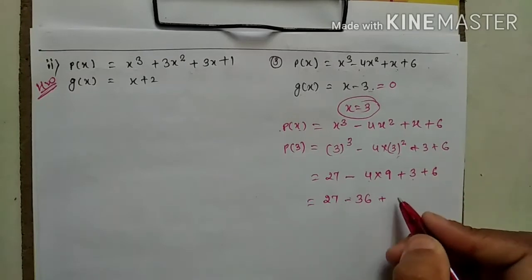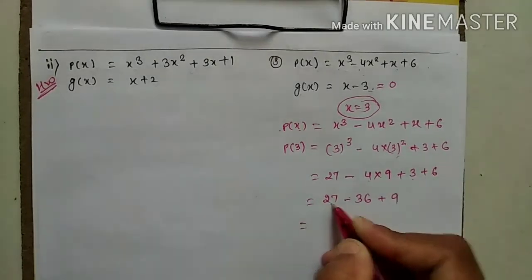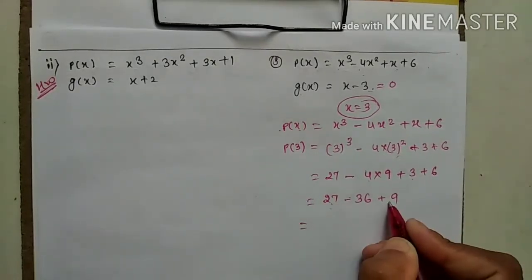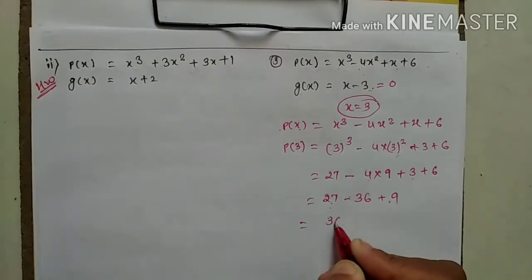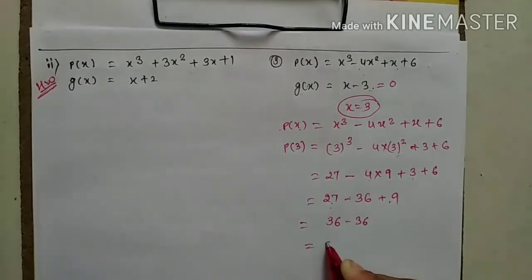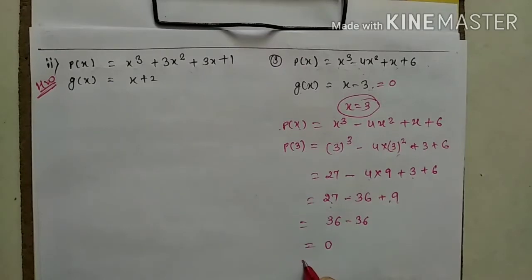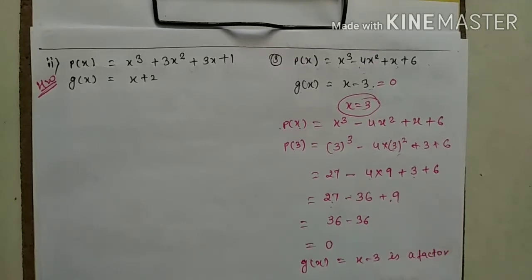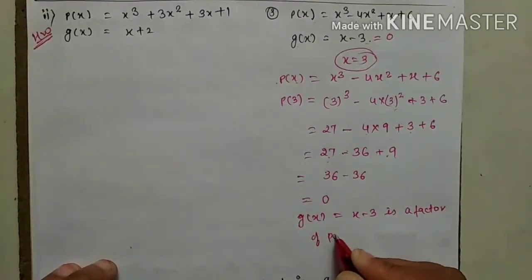Plus 3 plus 6 becomes 9. Add it, 27 plus 9, 27 plus 3 is 30, 30 plus 6 is 36, 36 minus 36, what are you getting? 0. So what will you write? g of x equals x minus 3 is a factor of the polynomial.